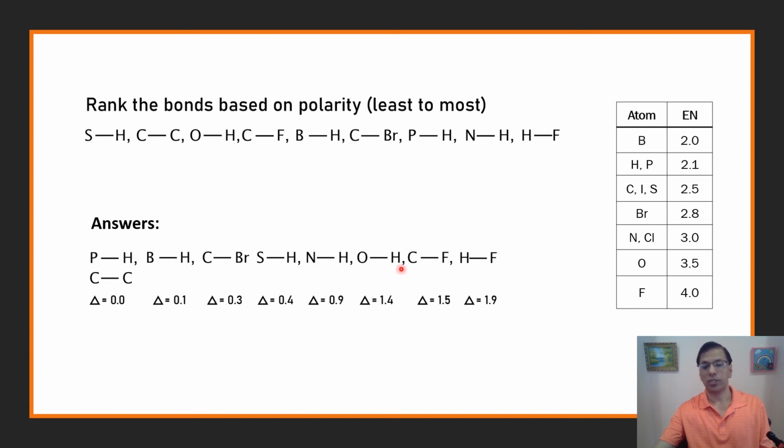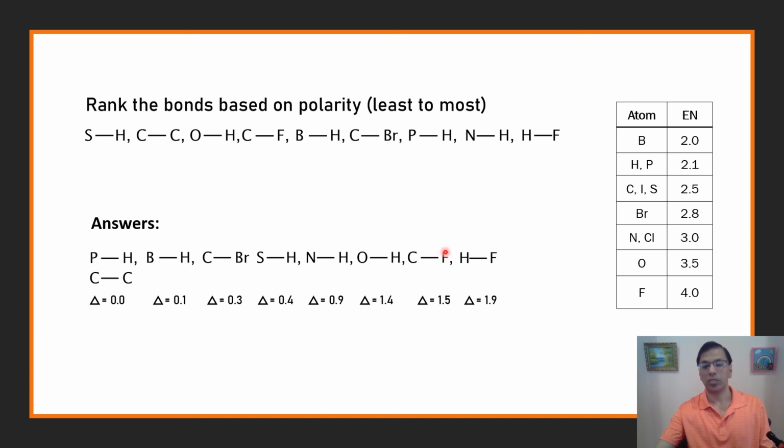So is the OH bond, which has an electronegativity difference of 1.4. If you look at the chart here, oxygen has electronegativity of 3.5 and hydrogen is 2.1, so that's how you get a difference of 1.4.